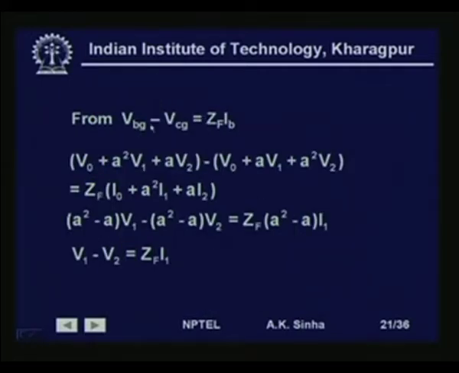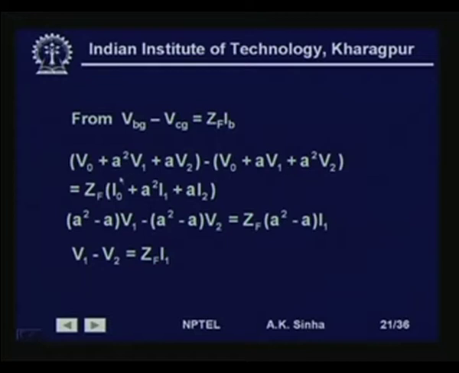Now from VBG minus VCG is equal to ZF into IB, we can substitute the value. So VB we are substituting here in terms of sequence voltages, and Vc we are substituting here in terms of sequence voltages.